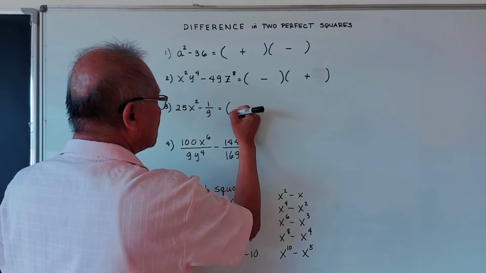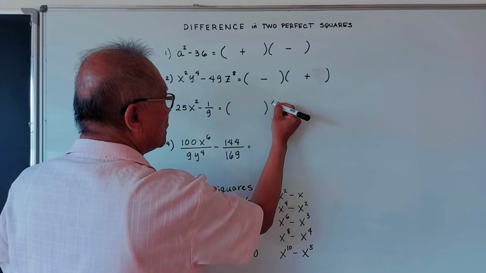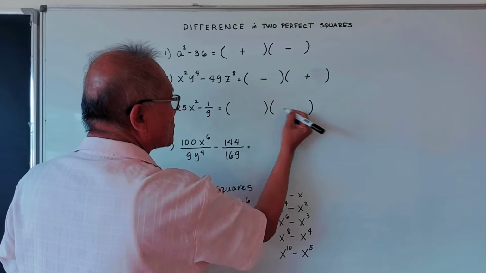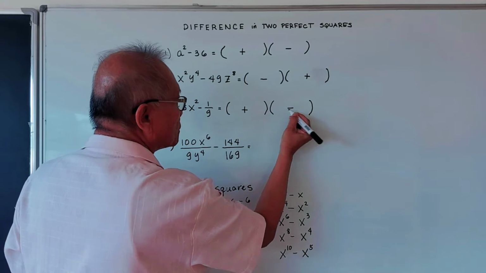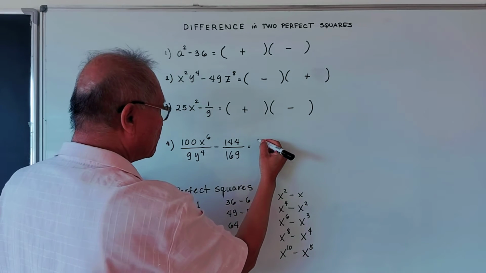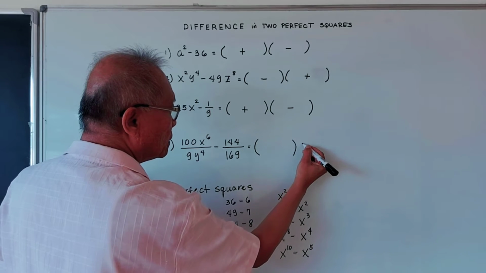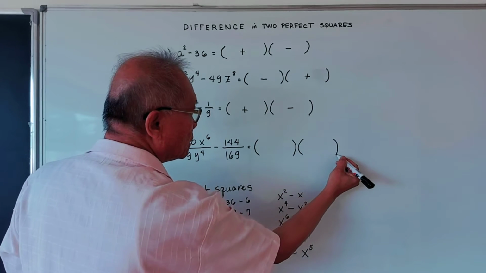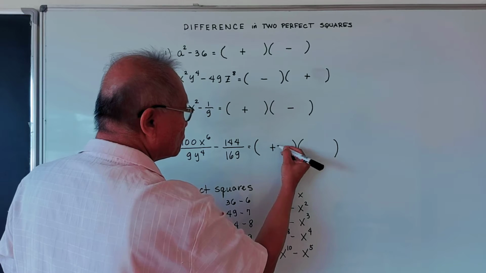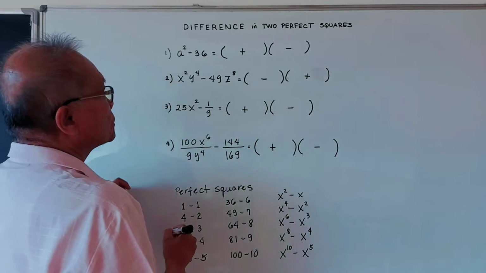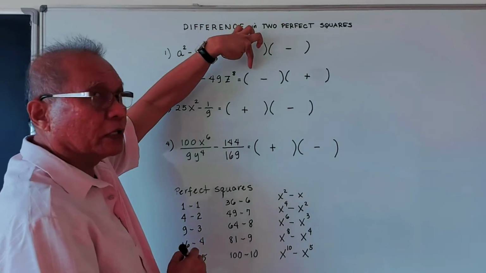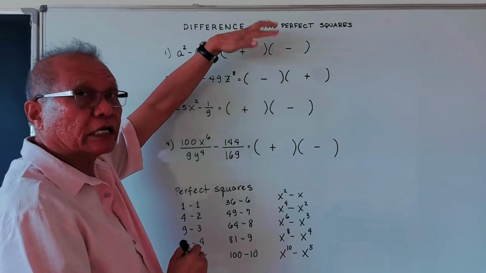So here also, you will see that the signs are opposite, one positive, one negative, and here one is positive, one is negative. So plus minus, minus plus, they are the same.